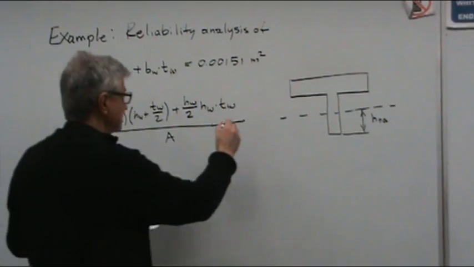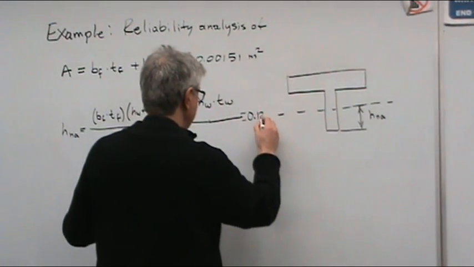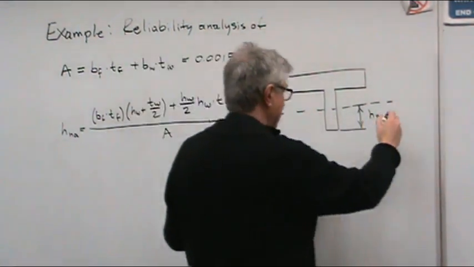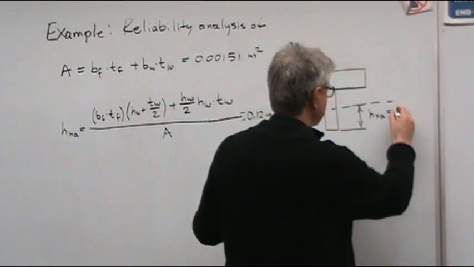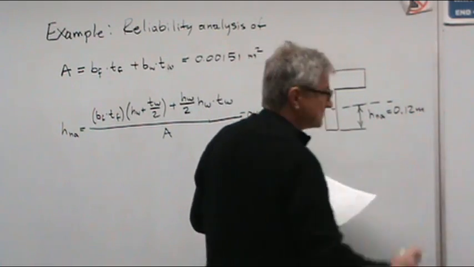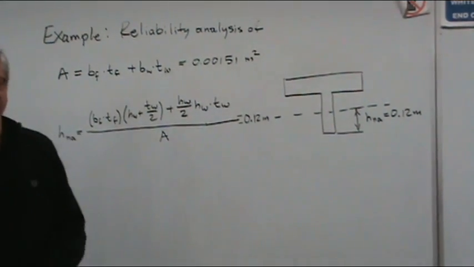So this is 0.12 meters. So the height of the neutral axis, the distance from the bottom, is 0.12 meters.